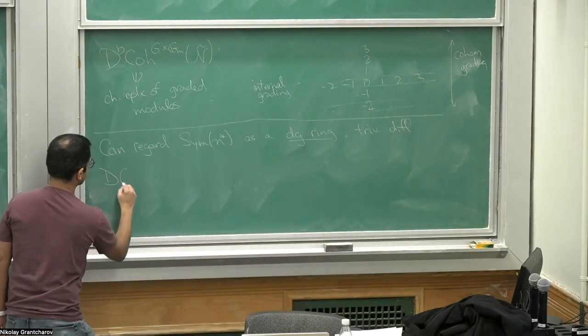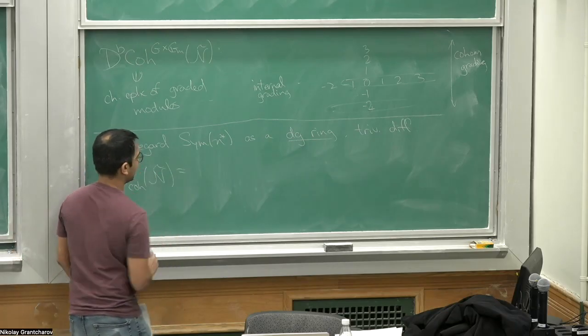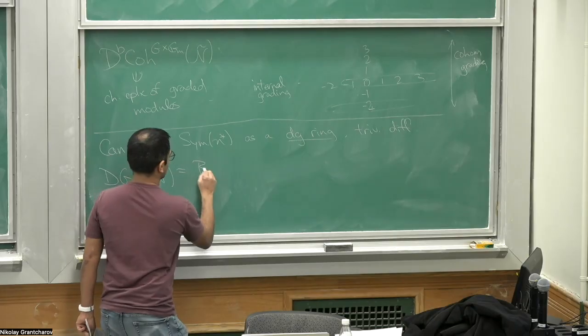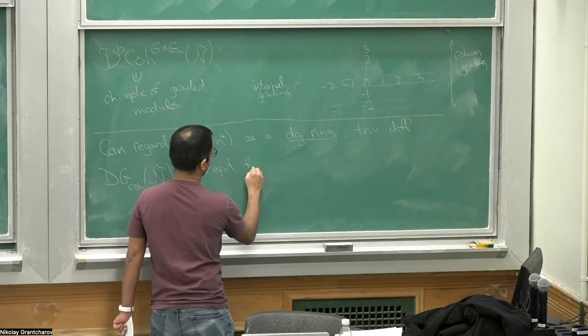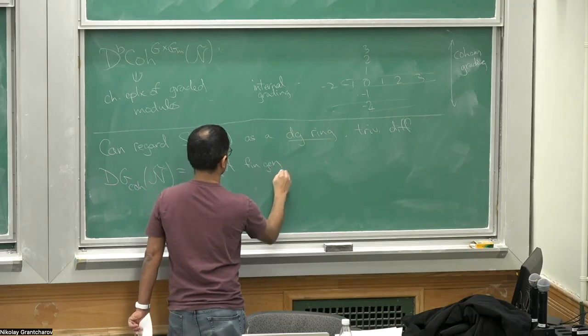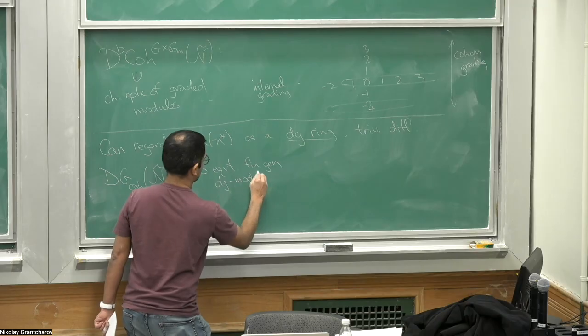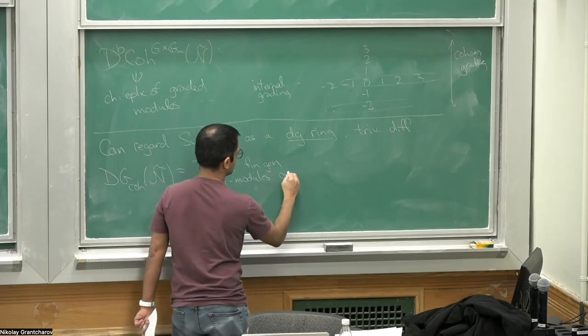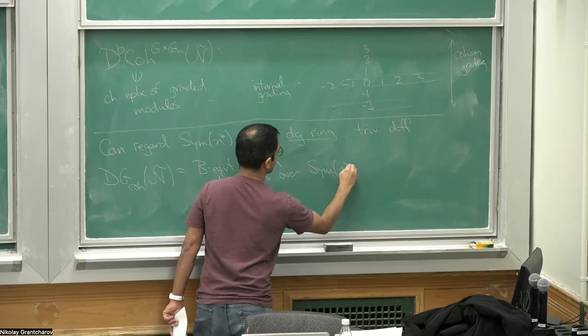And then the definition of DG co N-tilda is the derived category of B equivariant finitely generated DG modules over Sym n star.